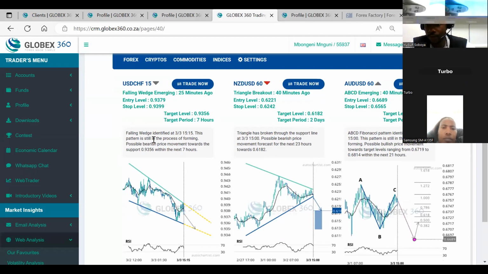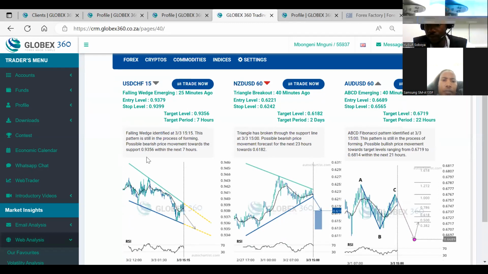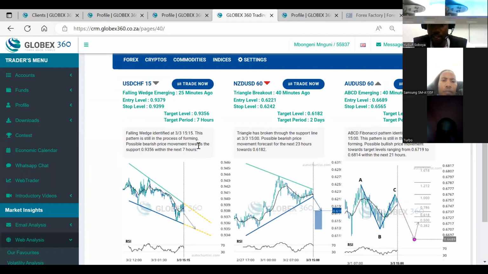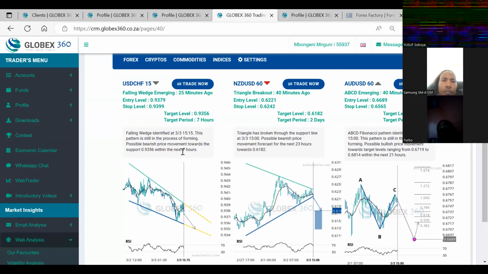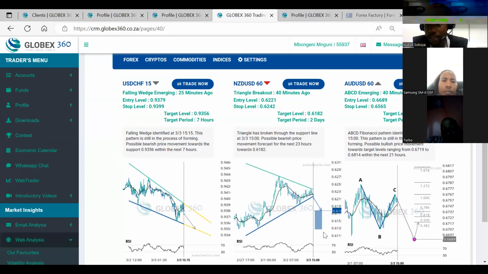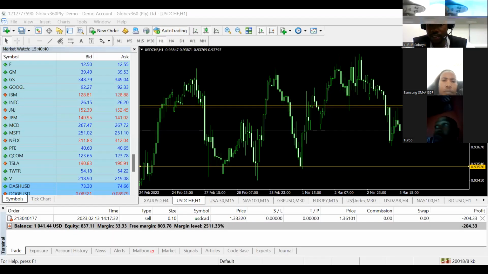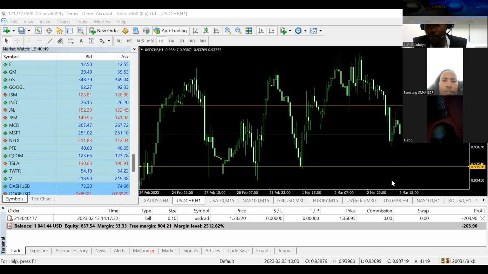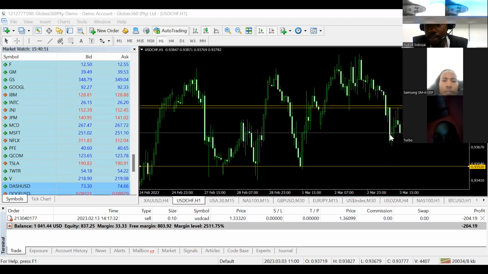This pattern is still in a process of forming, a possible bearish price movement towards the support of 9356 within the next 7 hours. So we go on the chart. So look at it. Within the next 7 hours, the market, the entry level was here. Period, 7 hours to get to this level. This is what we were anticipating, and you can see the market is going.